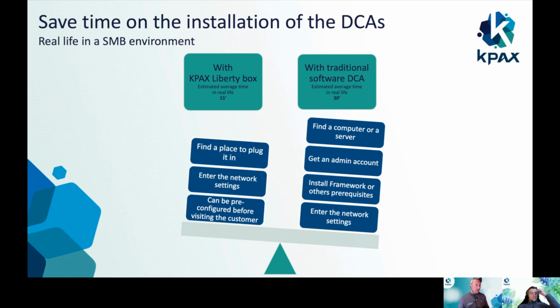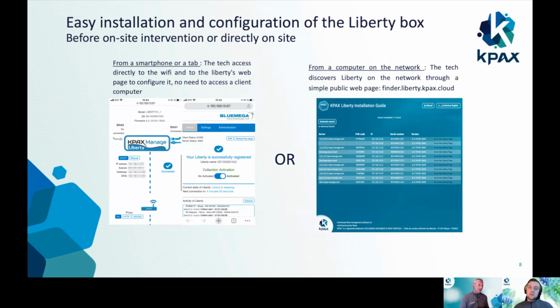Let's talk about the installation. As Sebastian explained, it is possible to configure a Liberty before the intervention or to do it on site, directly at the final customer. So we have two methods to configure Liberty. The first one is to use the Liberty Wi-Fi hotspot through a smartphone or tablet.